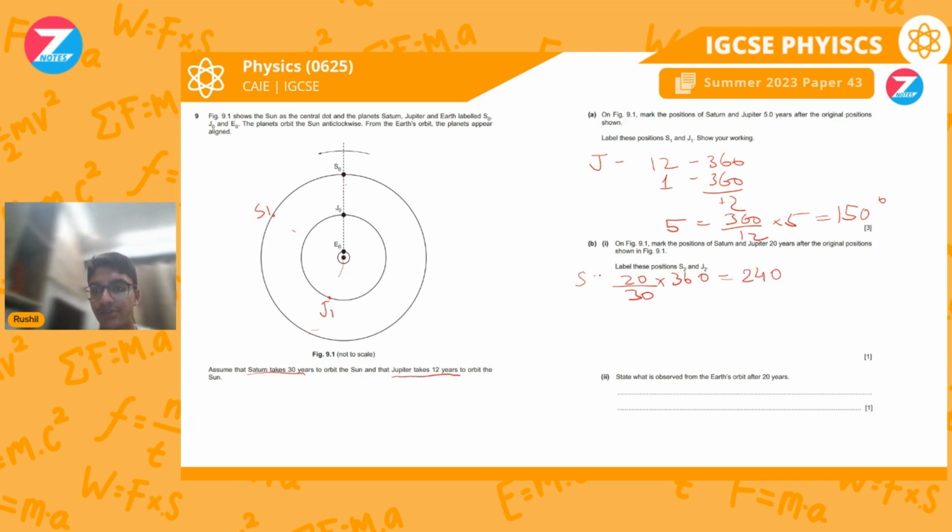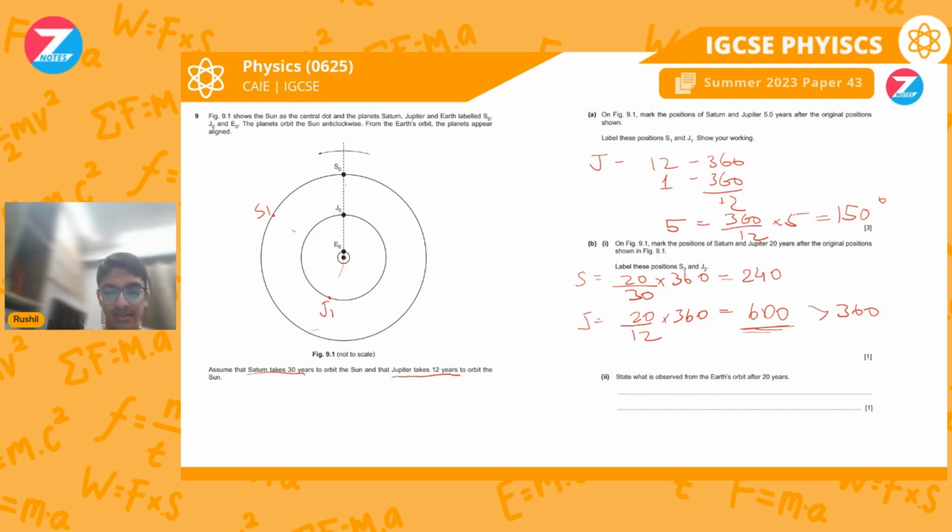And for Jupiter, it's 20 by 12 into 360, which gives us 600 degrees. Now, obviously, you can see that 600 is greater than 360. So what it's saying is that in this 20-year period, Jupiter will rotate 360 degrees and then again until a total of 600 degrees.